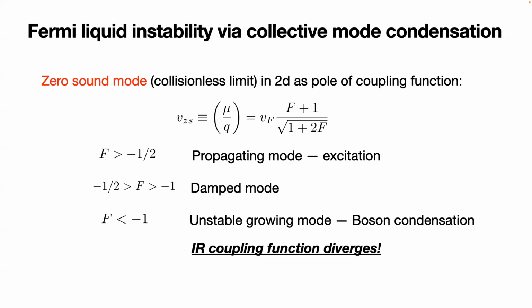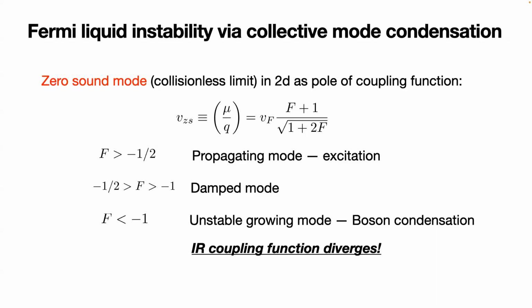The collective mode plays a very important role in the Fermi liquid instability, because as we tune the UV coupling to attractive, the collective mode first becomes a damped mode. It decays down to zero energy first, and then it grows exponentially once the UV interaction is larger than some critical value.